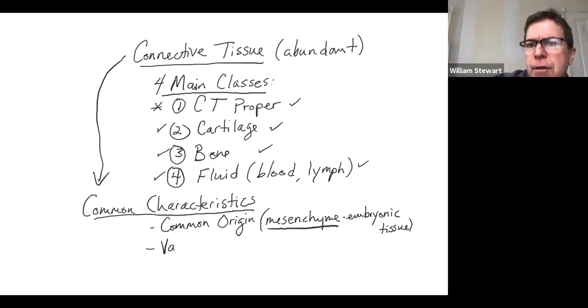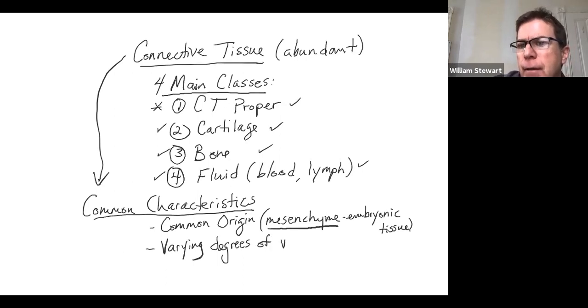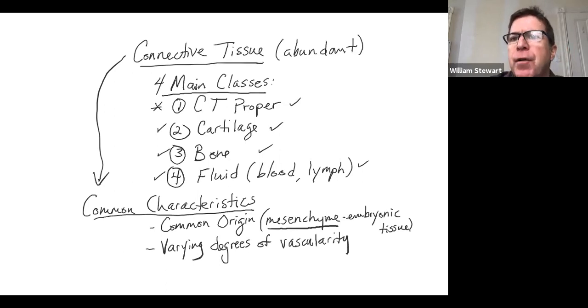These connective tissues have varying degrees of vascularity. That means blood supply. Some of these tissues have a very rich blood supply. Some of them have a very poor or almost non-existent blood supply. For example, cartilage has very, very little blood supply, almost none.